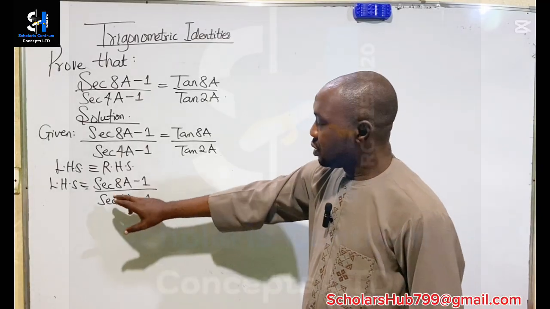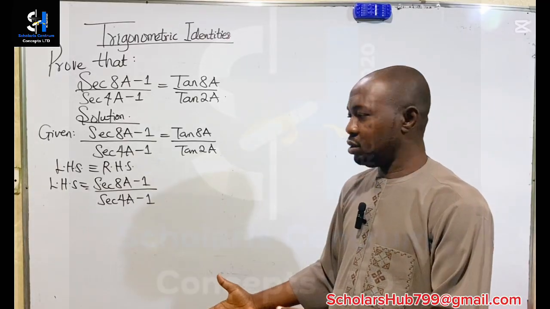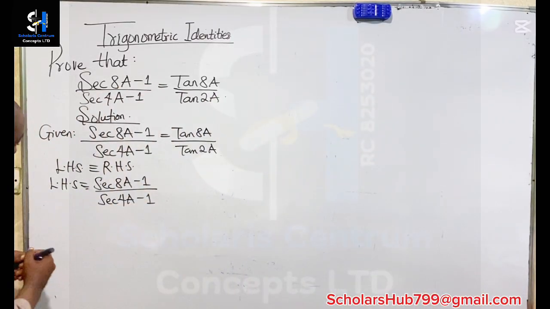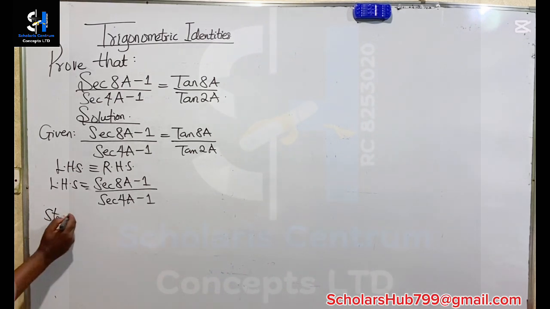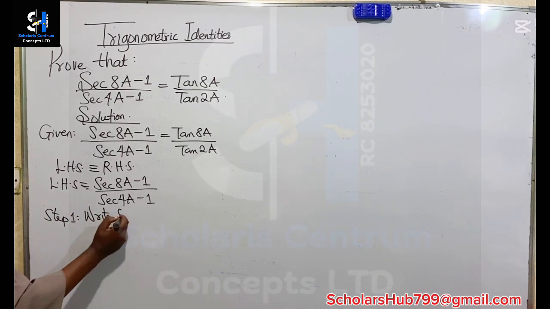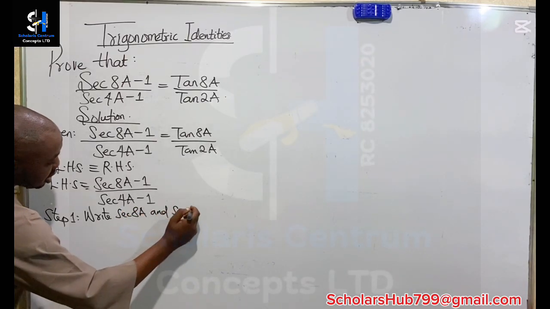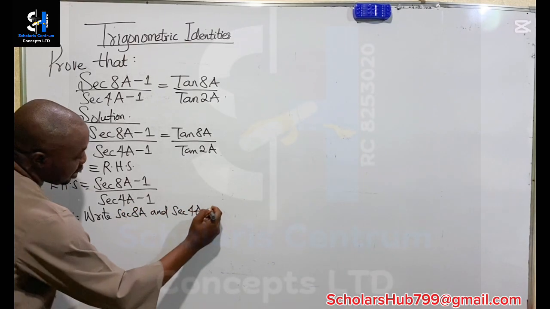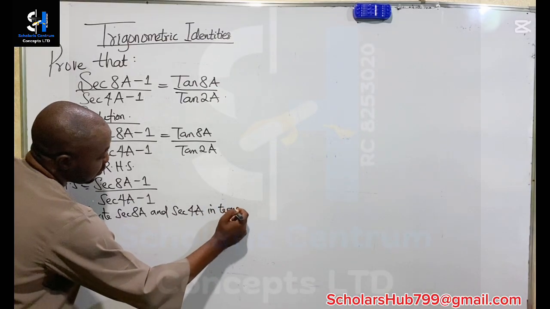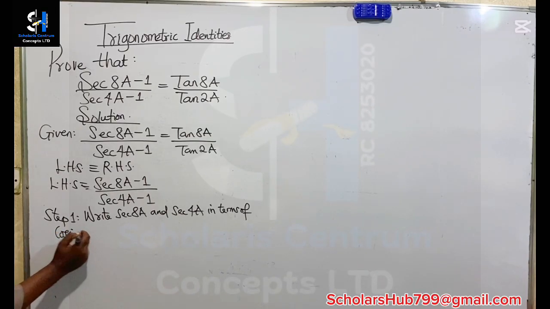So let's write sec 8a and sec 4a in terms of cosine. Step 1: write sec 8a and sec 4a in terms of cos.